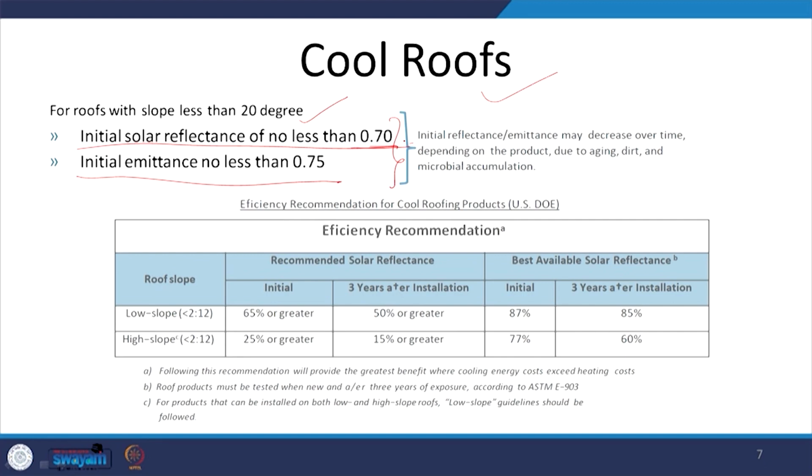So, this is one of the prescriptions as per the US DOE, where the initial solar reflectance has been prescribed to be higher than 65% for the low slope roofs initially, and the best available solar reflectance in the US market is around 87%. So, when we are talking about cool roofs, we are actually looking at the solar reflectance and the emittance of the material.